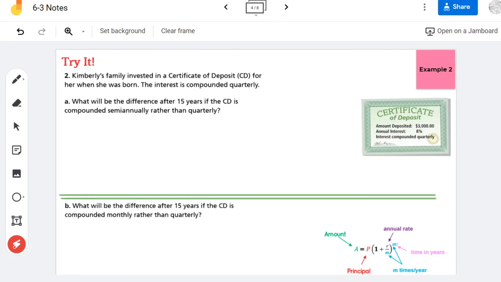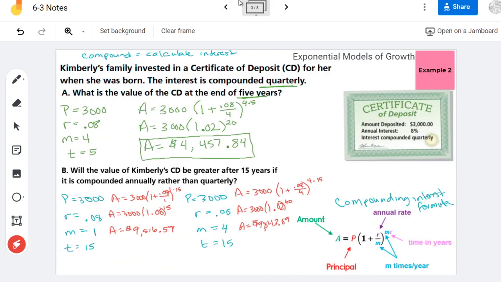All right, so here we go. This one, the try it, says what would be the difference after 15 years if the CD is compounded semi-annually rather than quarterly? Okay, so we just did the quarterly calculation. So I'm just going to use my snipping tool to copy that quarterly calculation so we can compare it instead of doing it a second time.